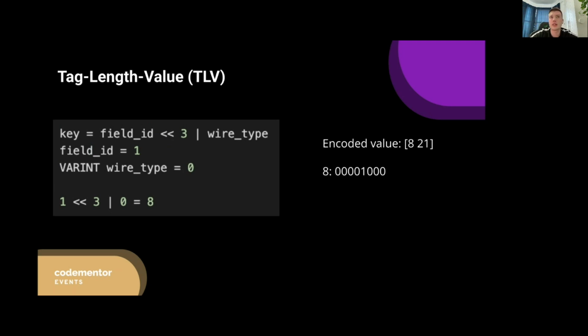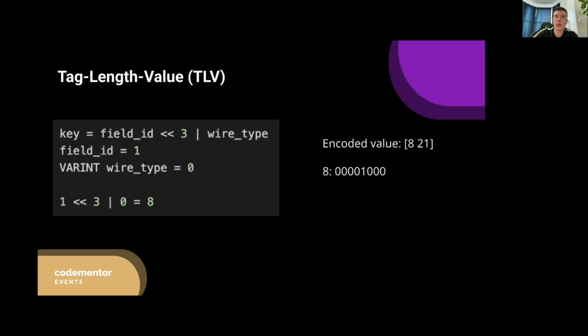So in this case, let's look at the formula and how it works. As we recall, the order is key, then value, and the key should contain the wire type to understand how much data we should then read. There is a formula for how the key byte is formed.